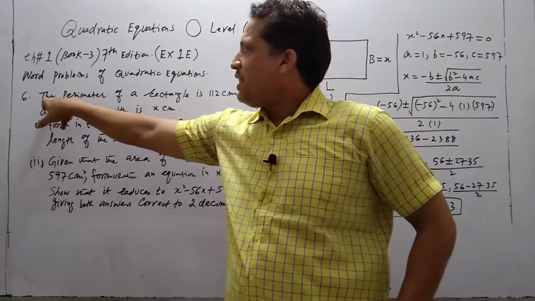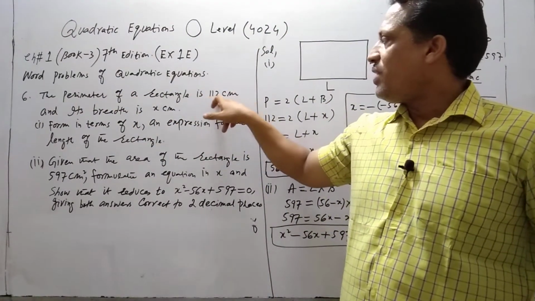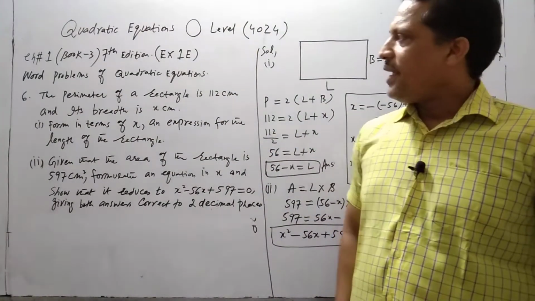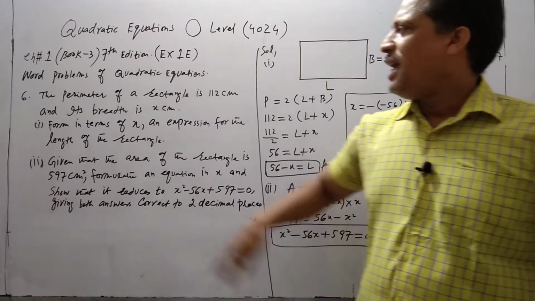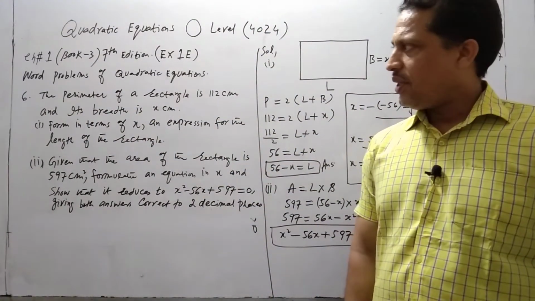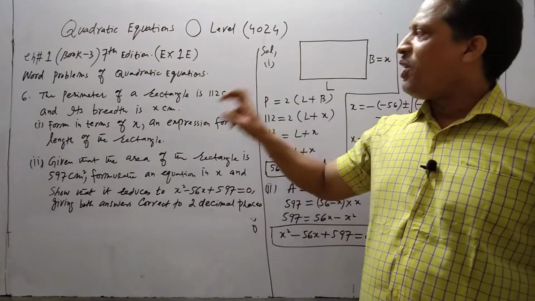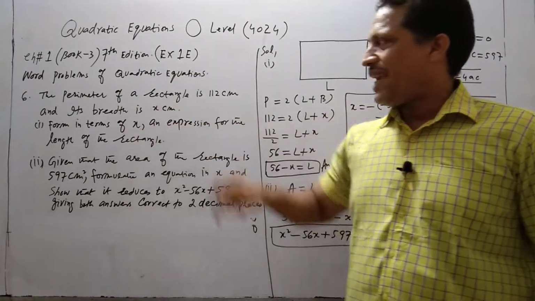Question number 6 is: the perimeter of a rectangle is 112 centimeter and its breadth is x centimeter.